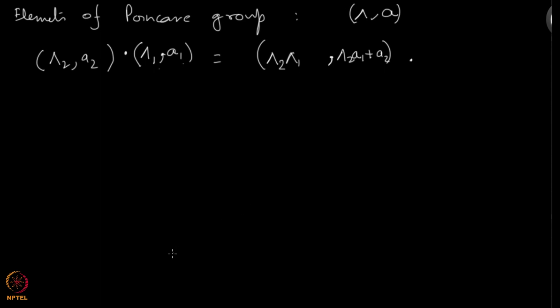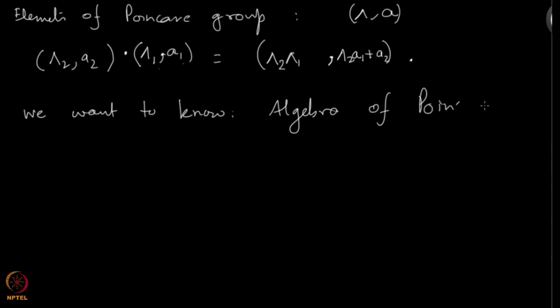Okay, and you would like to know the generators of Poincare group and what is the algebra of Poincare group. So what are the generators of translations and how do they commute with themselves and Lorentz transformations?